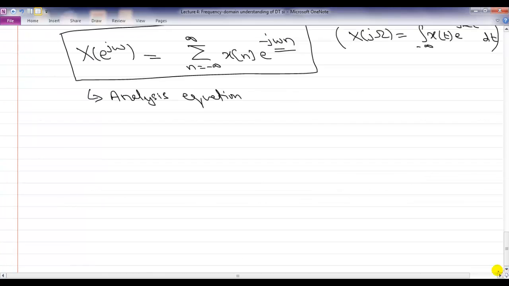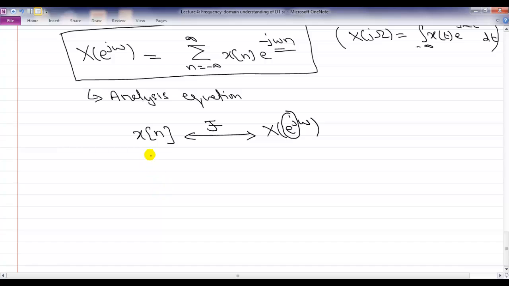So let's look at the case. The notation that will be used is xn Fourier transform x of e to the j omega. I'll again repeat, there is nothing special about e to the j omega. This is just a notational convention to say that it's the discrete time Fourier transform. It's really a function of little omega.